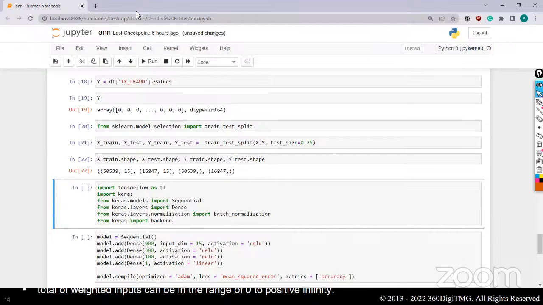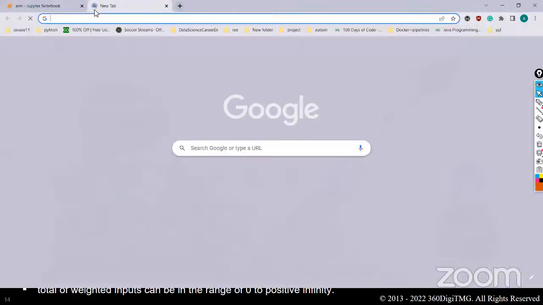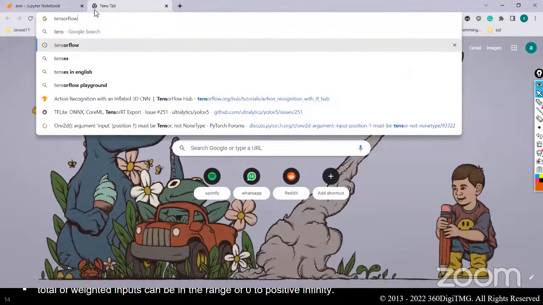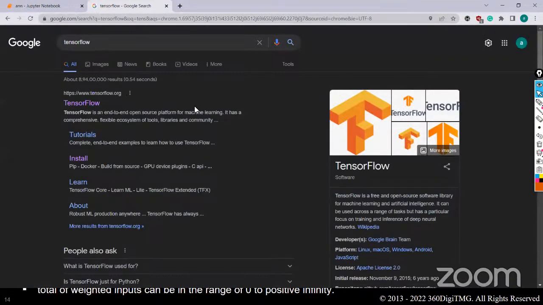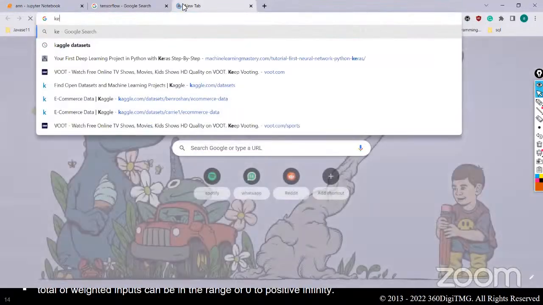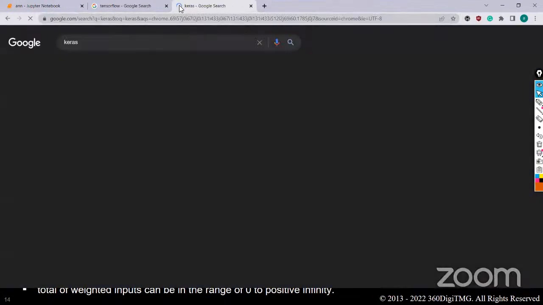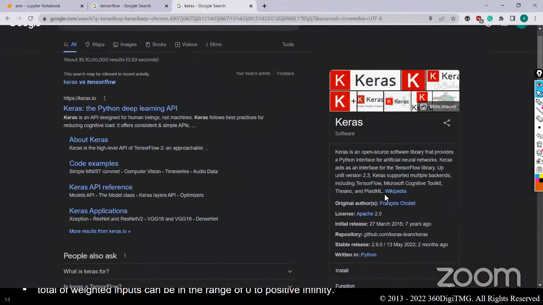So for this, we are using Tensorflow and Keras. Now Tensorflow is a framework that allows you to use deep learning algorithms within your library. Whatever you're working with, you can always use Keras for it. Okay. So you have Tensorflow. Similarly, you have Keras. Keras is where all the models are built. Okay.